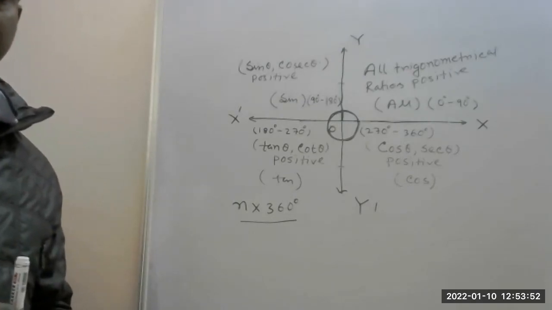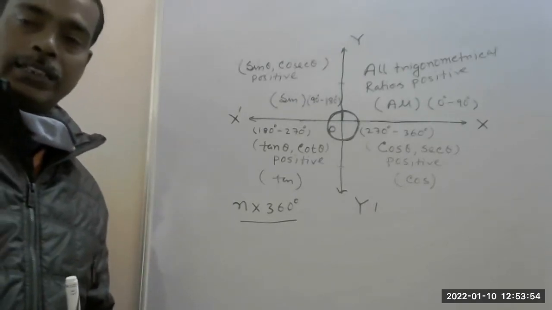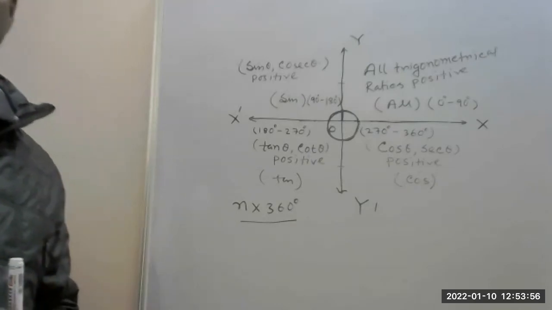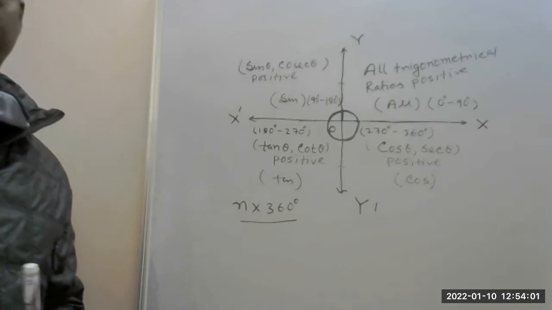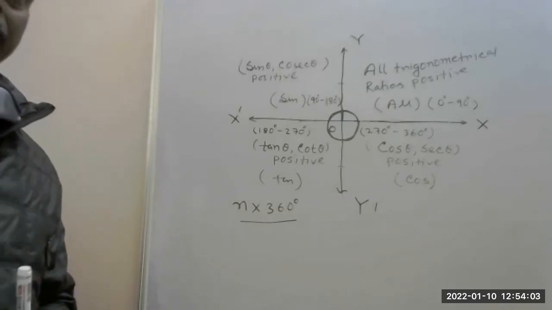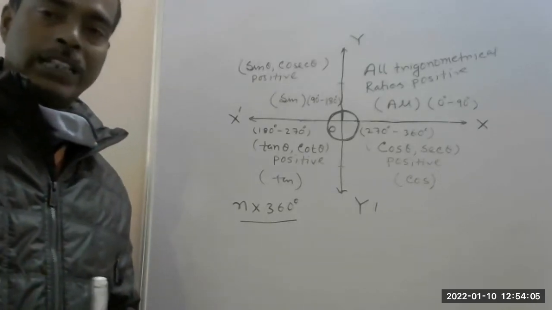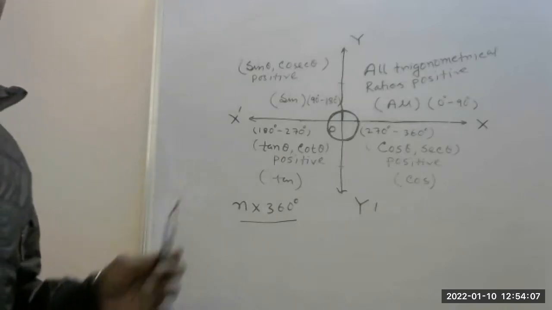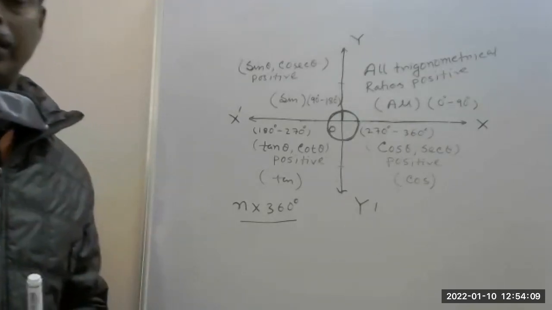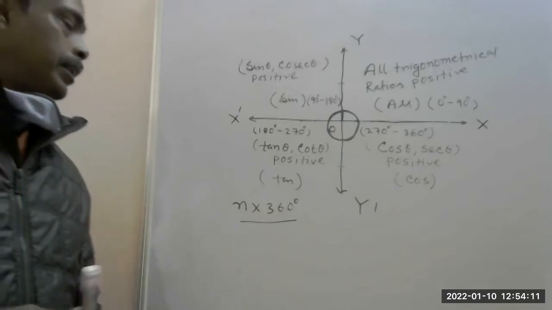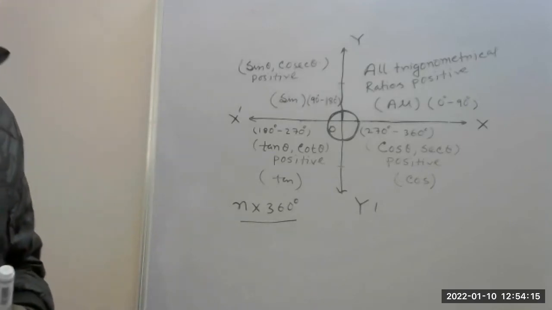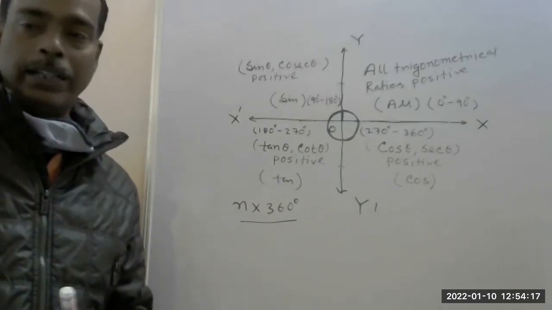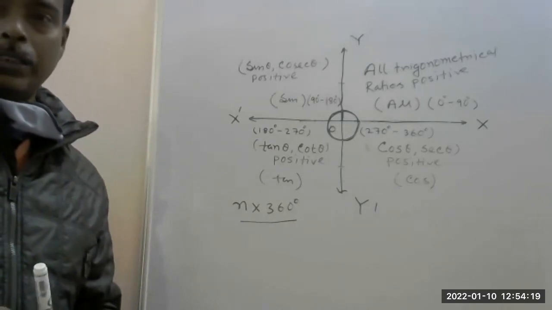In general geometry, the highest angle that can be measured is 360 degree, but in trigonometry, any kind of angle can be measured. And for geometry, there was no concept of negative angle, but in trigonometry, if the ray forms the angle rotating clockwise, then it is taken as the negative angle. Is it clear?